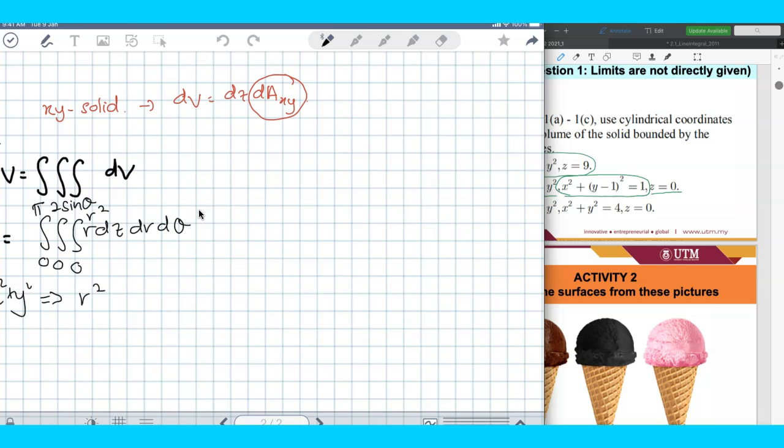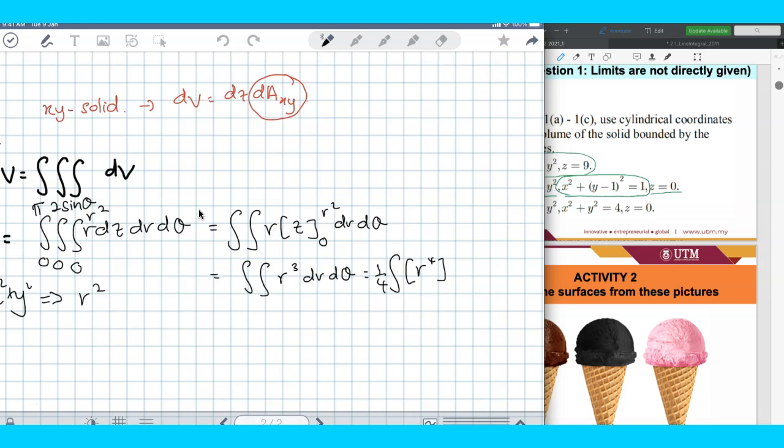Okay, so now we can evaluate. Firstly, with respect to z, so r times z from 0 to r squared, dr d theta. So r cubed dr d theta. Then 1/4 r to the 4, from 0 to 2 sine theta, d theta.